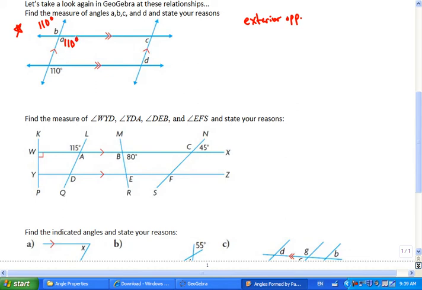C and D are alternate interior, that's right. So what do you know about C and D? They'll be the same, okay? And how do you get one of those angles? Okay, so where did we use this one here?